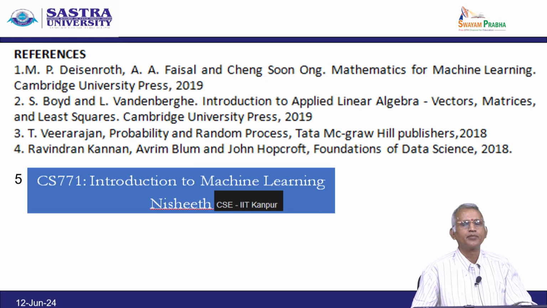And Probability and Random Processes, published by Tata McGraw-Hill and written by T. Veerarajan, and Foundations of Data Science by Avrim Blum, John Hopcroft and Ravindran Kannan. Another, on machine learning, is taken from the website: Introduction to Machine Learning by IIT Kanpur. So, these are all the references, and further you can understand the beauty of mathematics for machine learning and artificial intelligence.